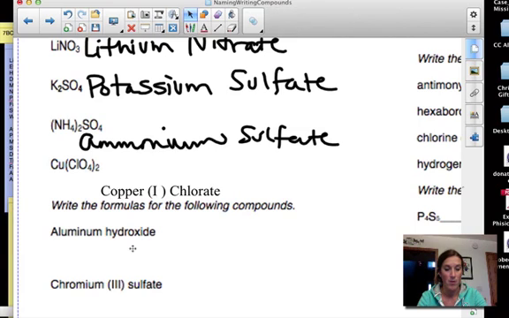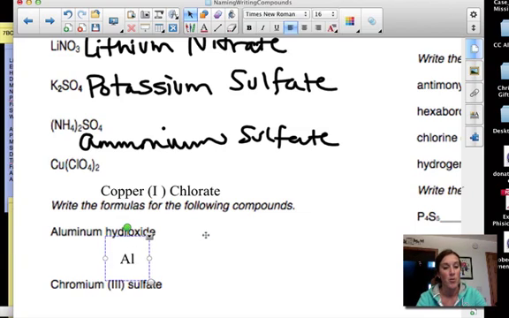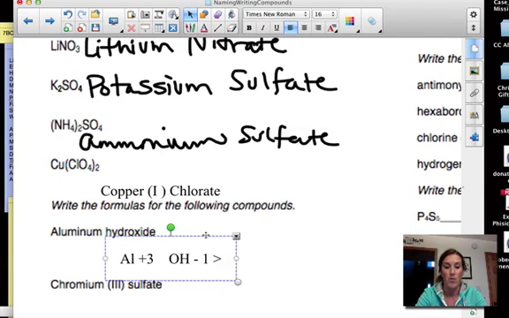Now to writing the formulas. Aluminum hydroxide. Aluminum has a +3 charge. Hydroxide has a -1 charge. So when we form our compound, we have to balance the charges.